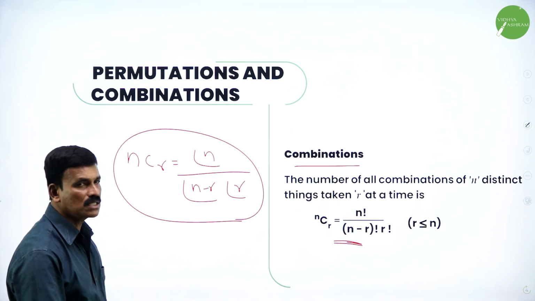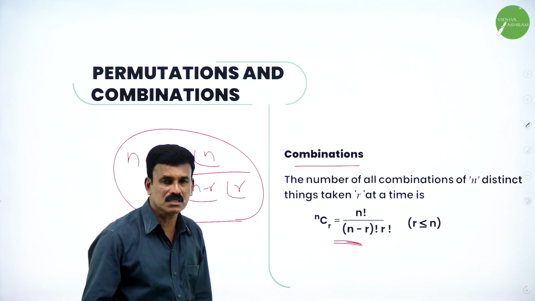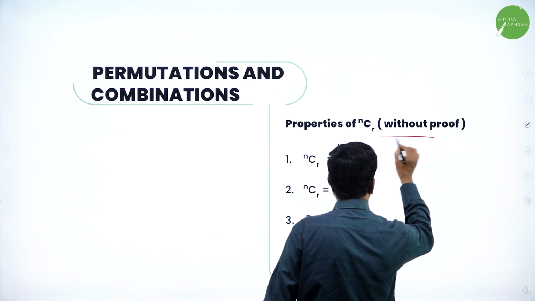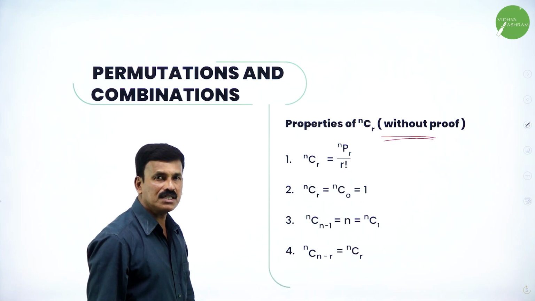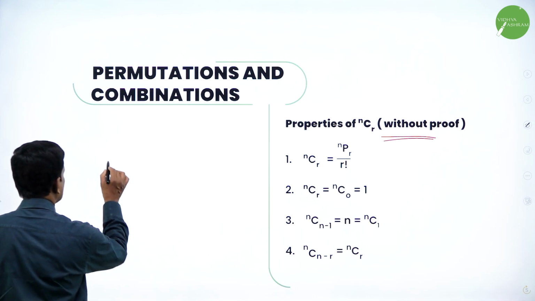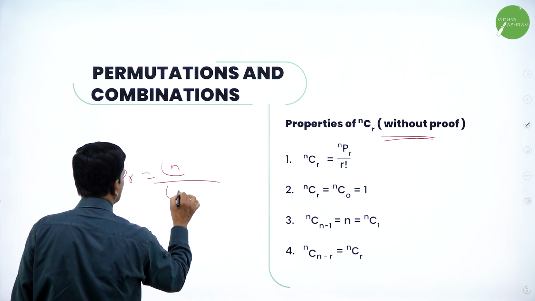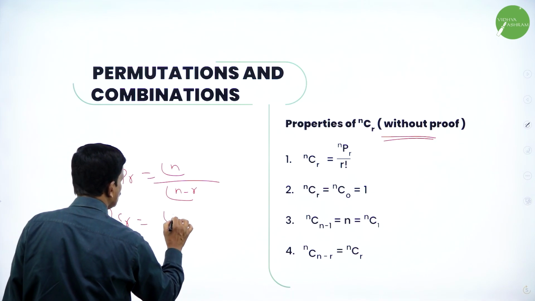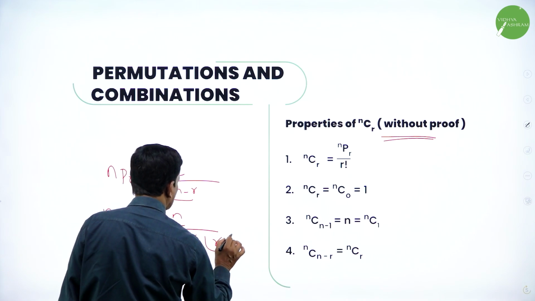Now let us move on to some simple examples based on this. Before that, let us know some properties of nCr, the properties without proof. First one, nCr is also equal to nPr divided by r factorial, because you know the formula for nPr: nPr is equal to n factorial divided by (n minus r) factorial, whereas nCr is equal to n factorial divided by (n minus r) factorial into r factorial.